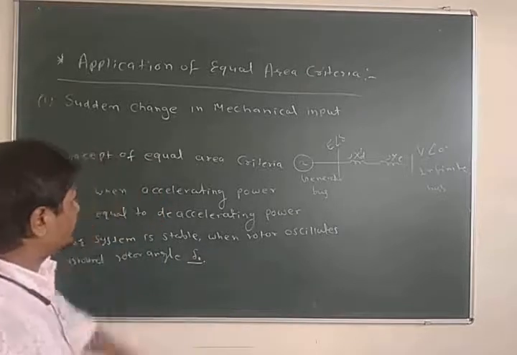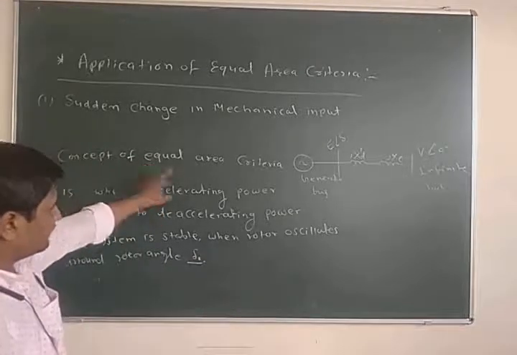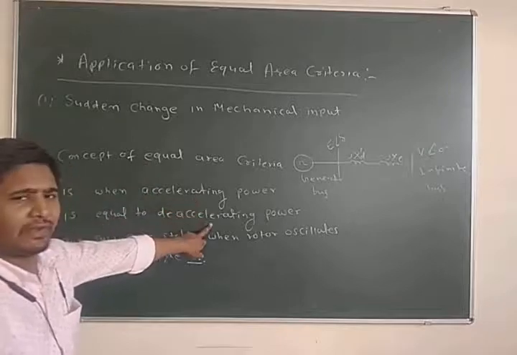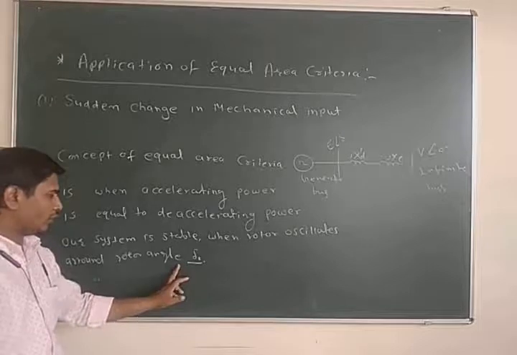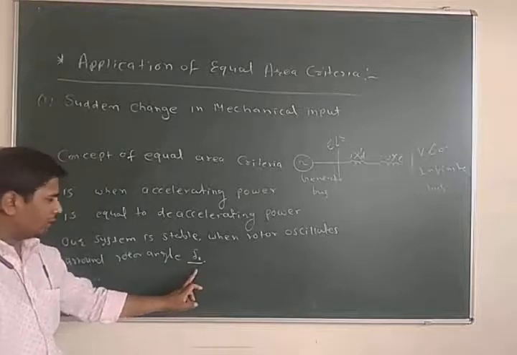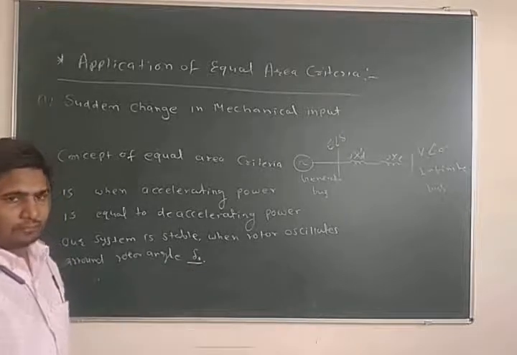So equal area criteria states that if accelerating power is equal to decelerating power, then our system is stable and our rotor rotates or oscillates near load angle delta.